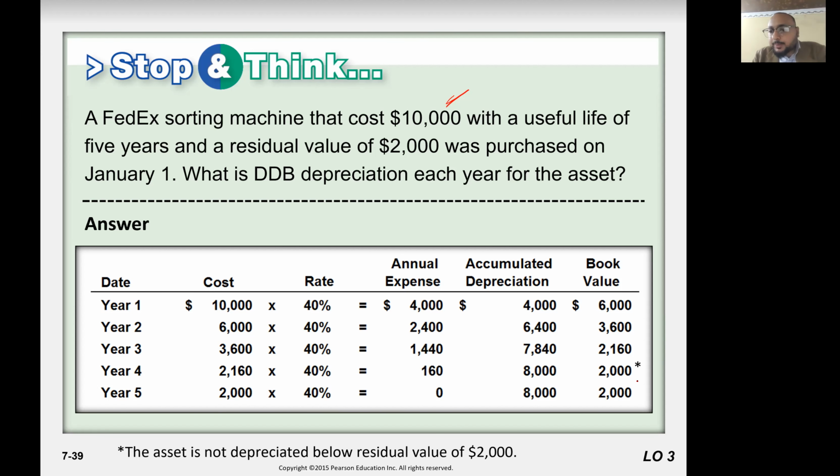Because the accumulated depreciation can never be above the scrap value, the book value can never be below it, and the last year's depreciation would be 0 if the value reaches the scrap value or residual value.